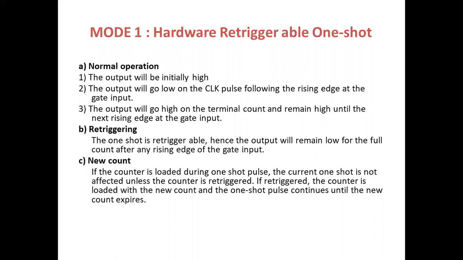At the first negative edge of the clock after the rising edge trigger signal of the gate input, the output becomes low. Then the output will be low for a number of count clock cycles. After completion of the count, the output becomes high.